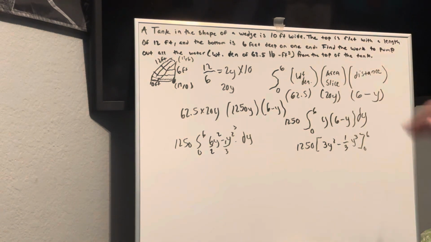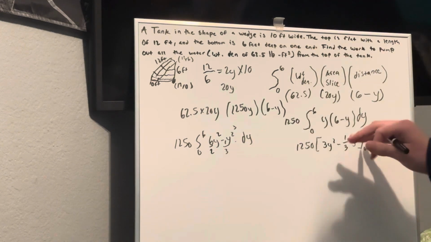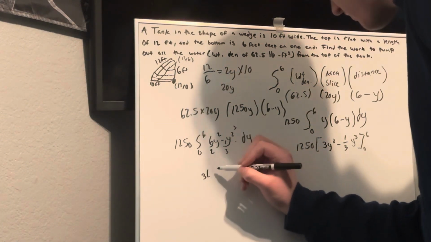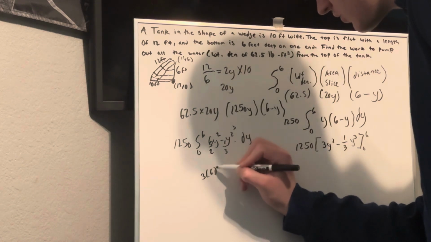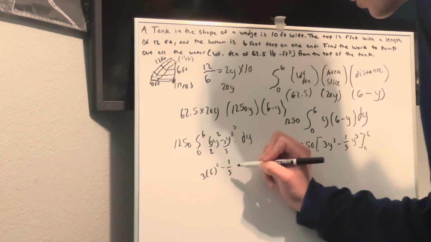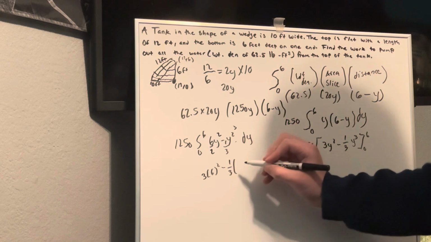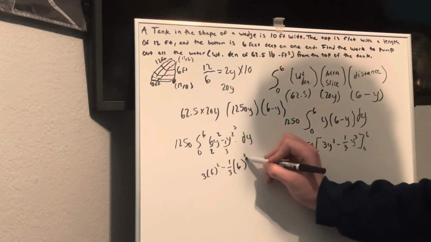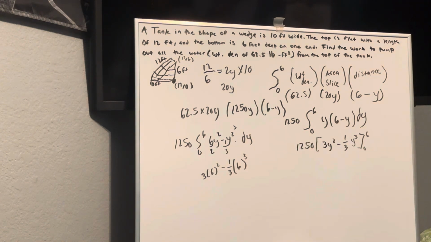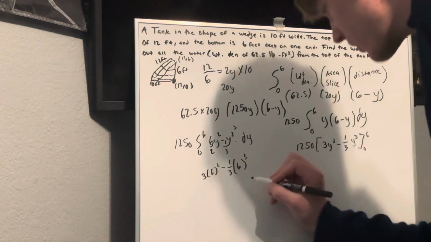All right, now we can solve this integral by plugging in our bounds. We are going to start with the 6. So we are going to have 3 times 6 squared minus 1/3 times 6 cubed. All right, this is our plug-in. This is 36 times 3, which is going to give us 108.